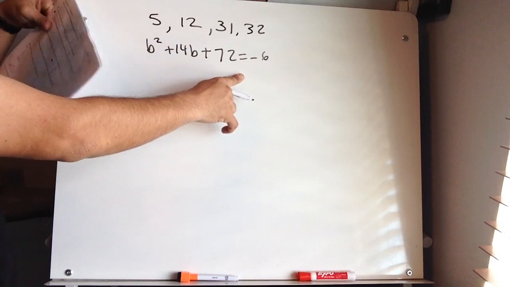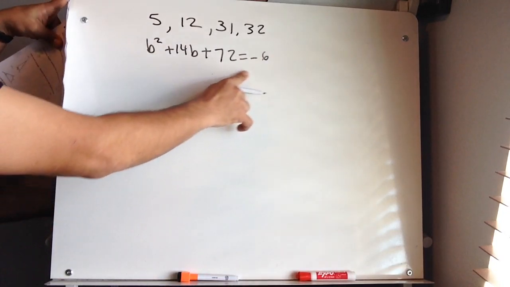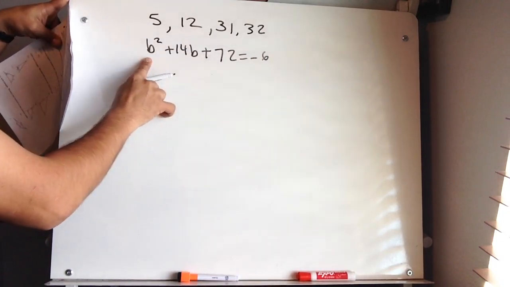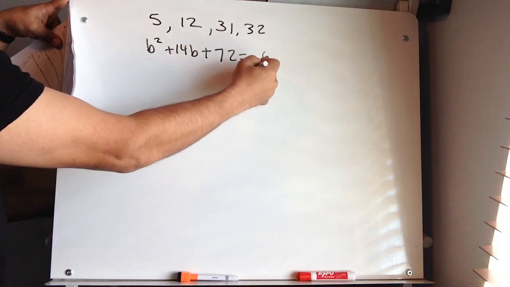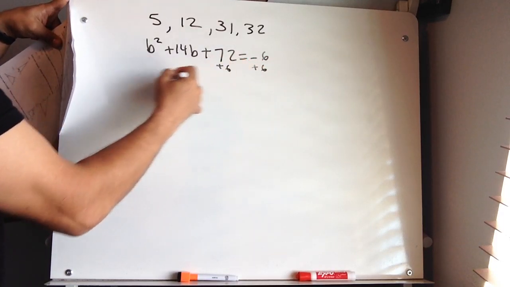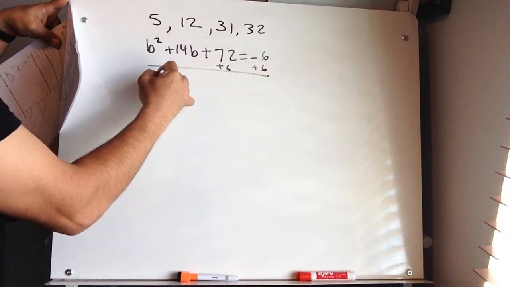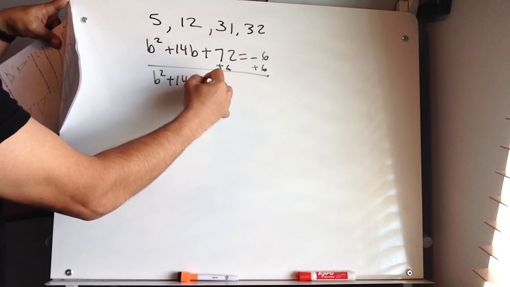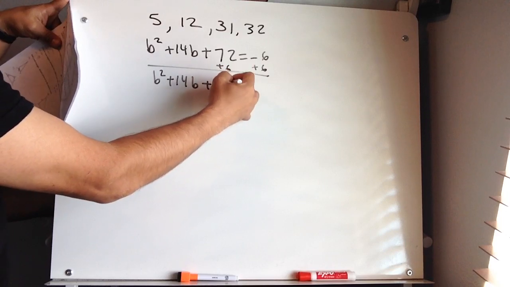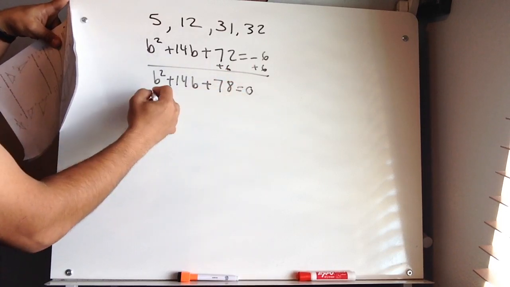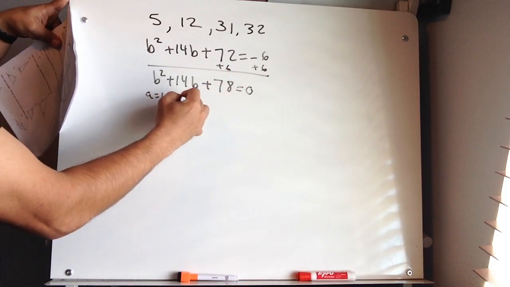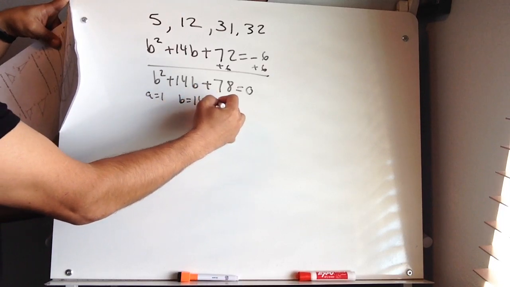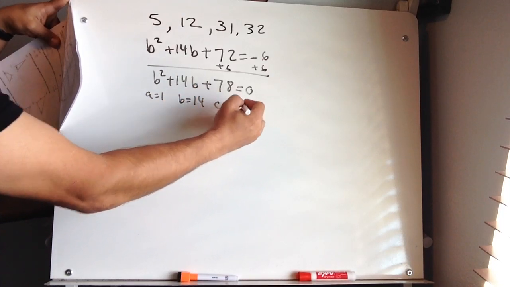We're going to do the quadratic formula, but we want to make sure we move everything over. So I'm moving this plus 6 over. So here we have b squared plus 14b plus 78 equals 0. A equals 1, b equals 14, and c equals 78.